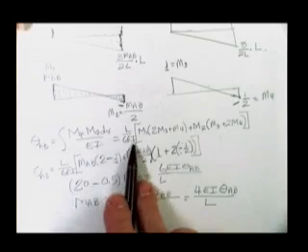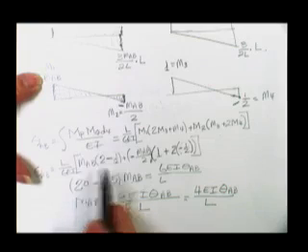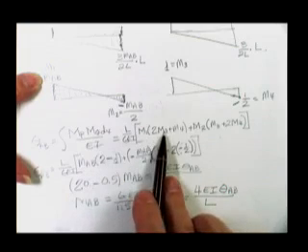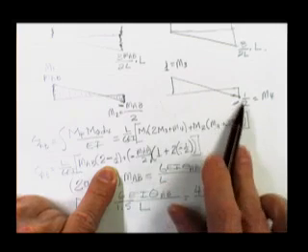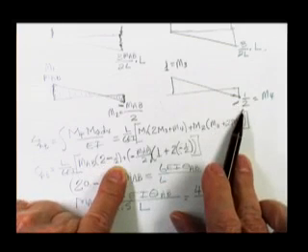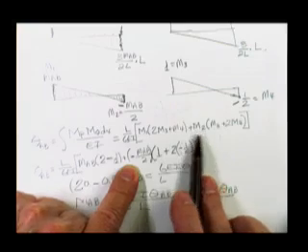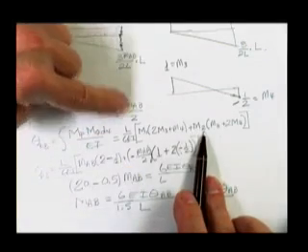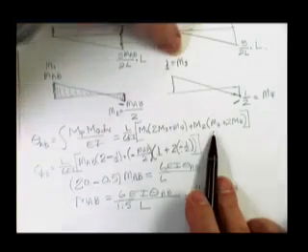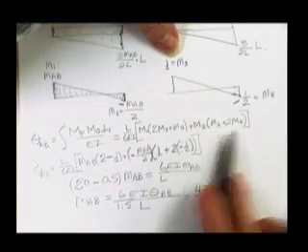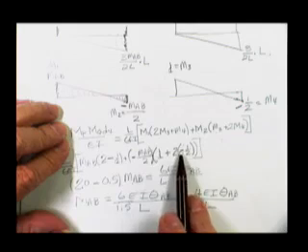It is L over 6EI times M1, which is MAB, onto 2 times M3, 2 times 1 is 2, plus a minus a half, plus the second end of the real moment diagram, which is a minus MAB over 2, times M3 plus 2M4. M3 is 1, plus 2M4, 2 times minus a half.